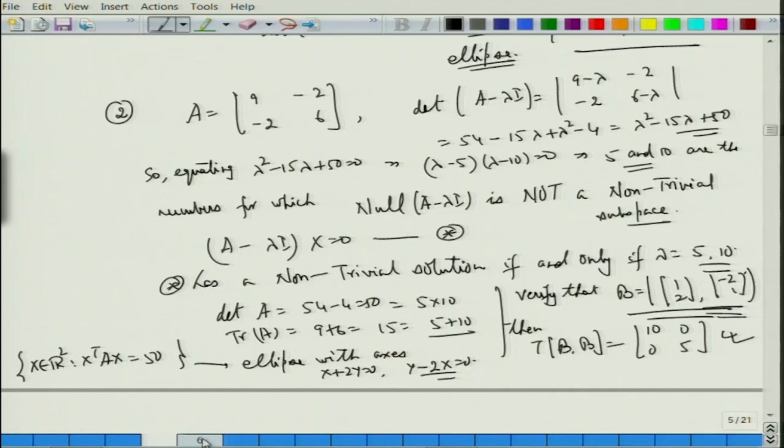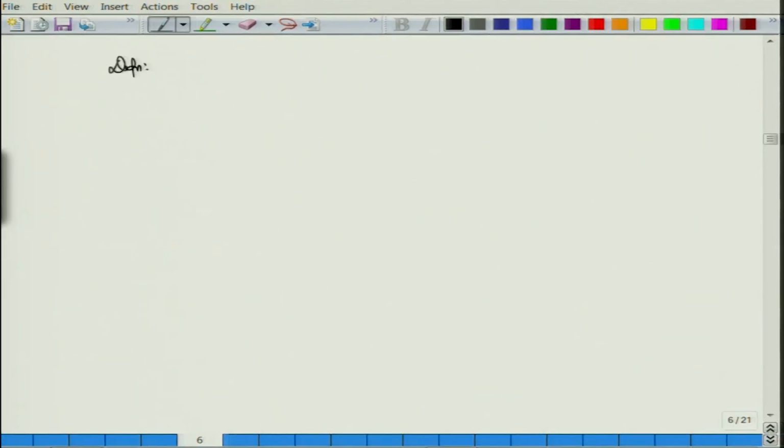We have seen certain ideas here, and now I want to understand things. Fine. So let's go with definitions and so on. Motivation is enough. So, definition. Let A be an n cross n matrix with real entries or complex entries.